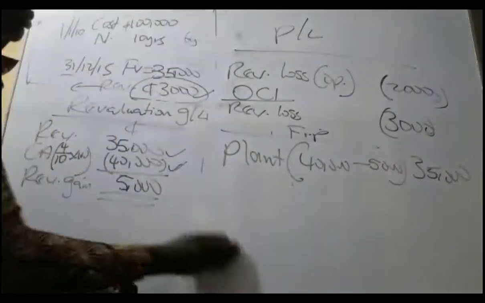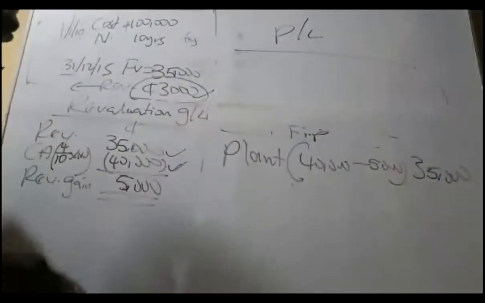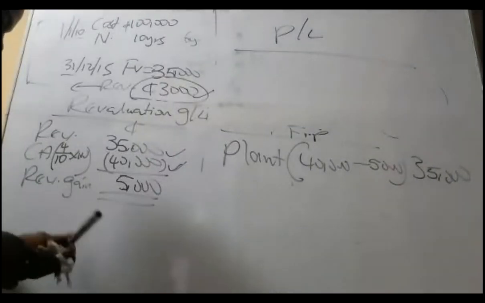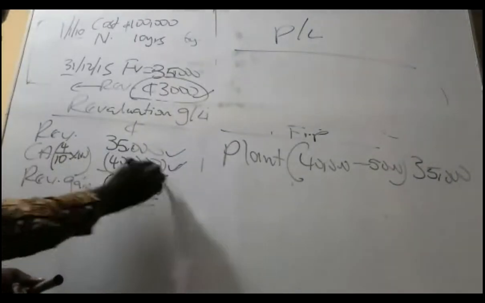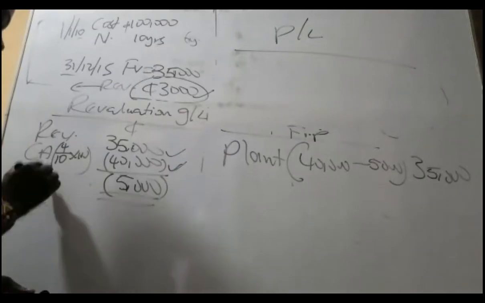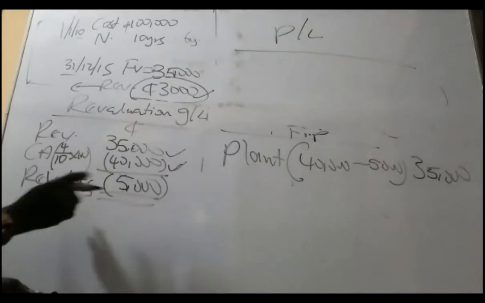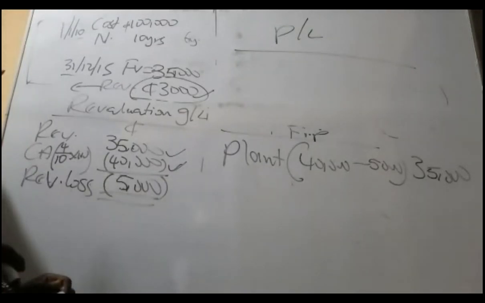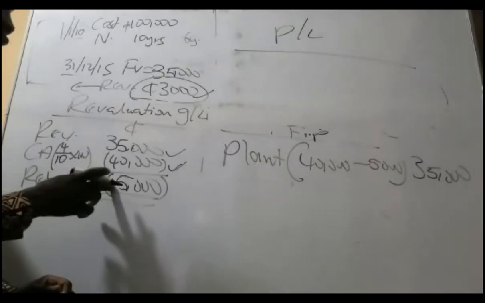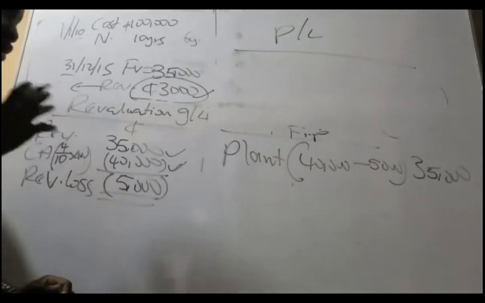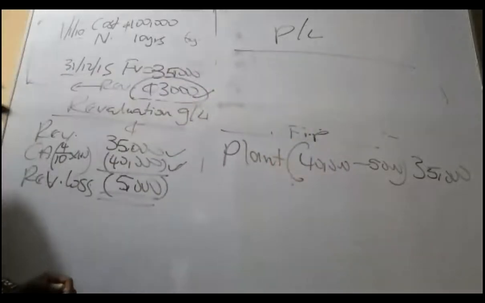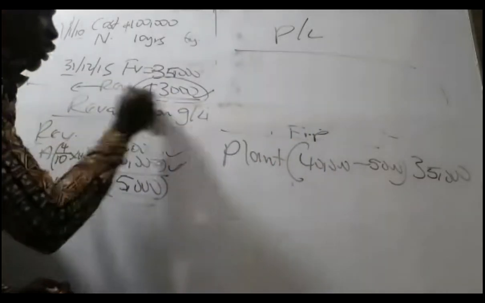Let's start. You did valuation and you had a loss of 5,000. In fact, I have to put it in brackets too. Now this loss, if there's no previous gain, the entire loss must be in the P&L as expense. But here there's a previous gain of 3,000.